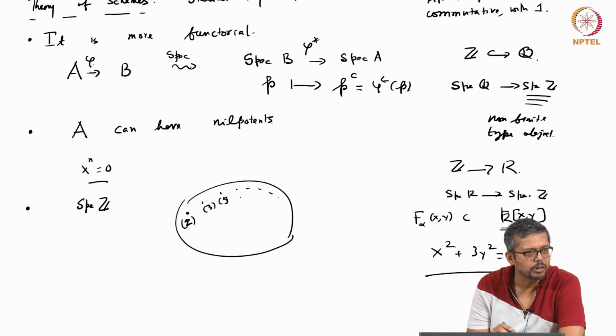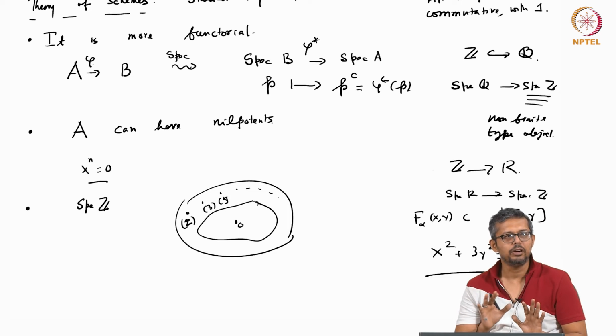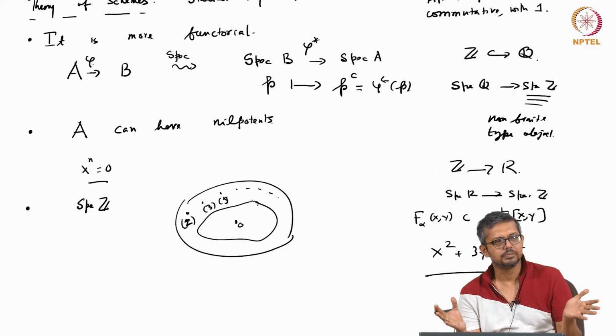I'll talk about the topology later, but I'm just giving a hint. You also have this point 0, which is like a big point. It's not just one point, because this is also a point in Spec Z, but it is not a closed point. Because if you take the closure, what will you get? The entire space. So it's a fat point, or dense. A point is actually a dense open subset.